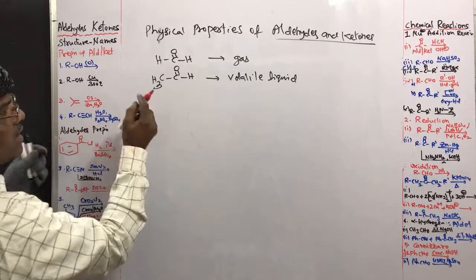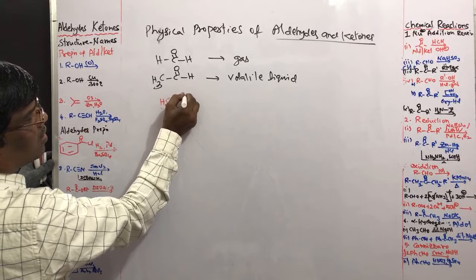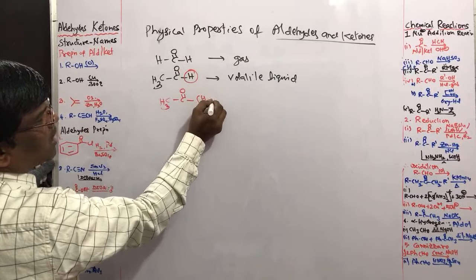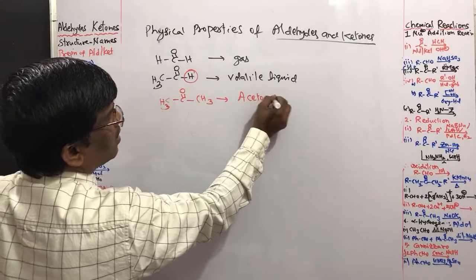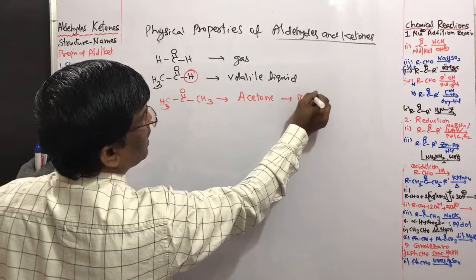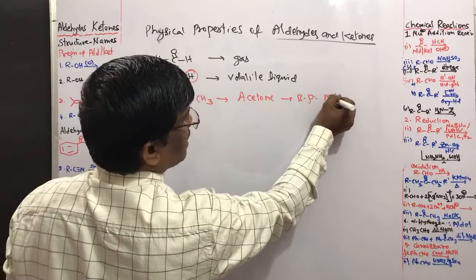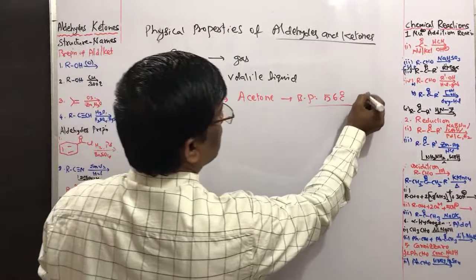And the first ketone, when I substitute this with a methyl group, what is this? It is acetone, and its boiling point is 56 degrees centigrade. Dear students, it is going to be a liquid.